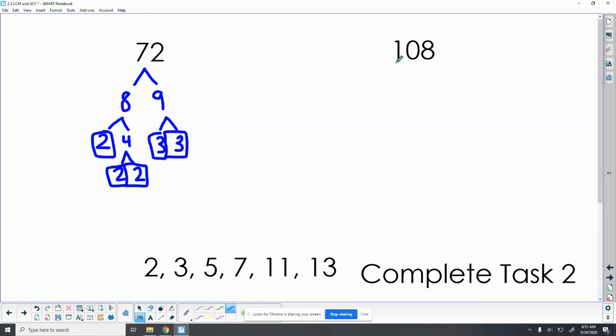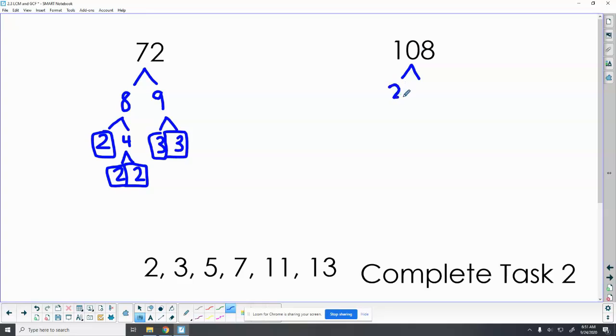Okay, so the number 108, that's a fairly large number, and I don't know all of its factor pairs. I don't even know how many factor pairs it has. Probably quite a few. It's an even number, it's pretty big, so that'd be kind of a lot of work to figure those all out. So instead, I can just think of 2 things that equal 108. So I know this number is even.